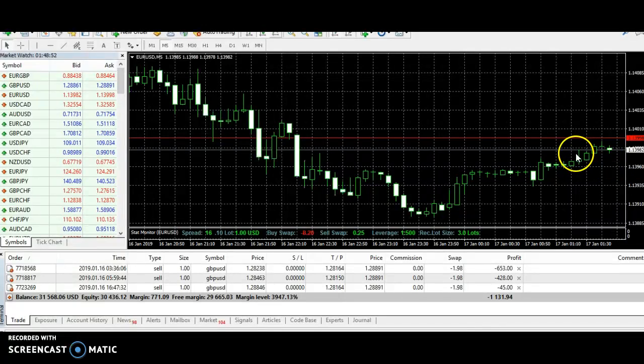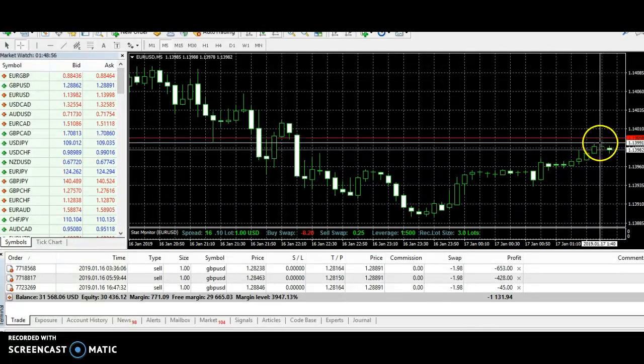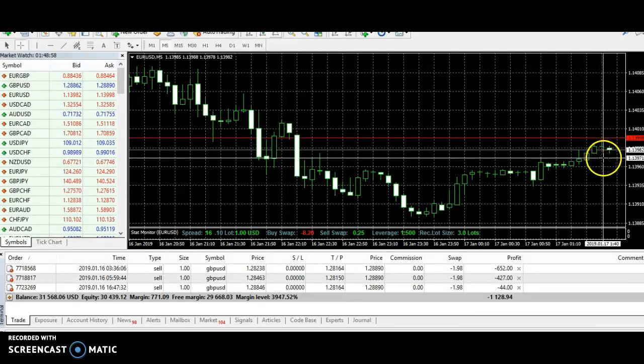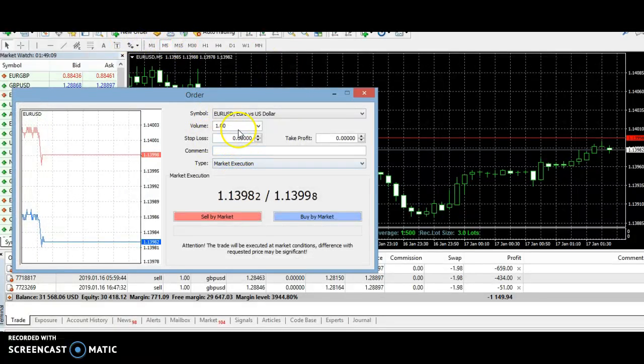So here we have the trading lines, the current market value for these lines here, and yeah, so I'm going to enter a trade, and I'm going to show you guys exactly what's going on.